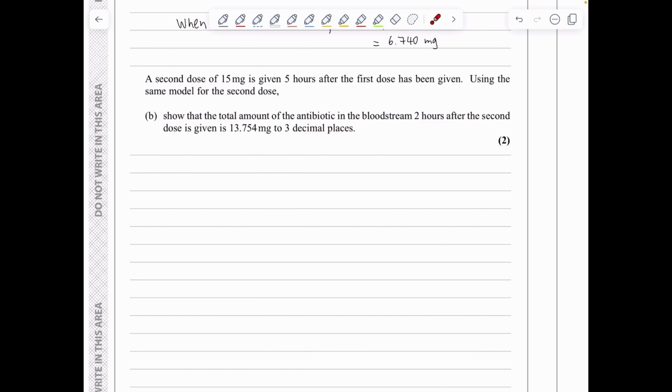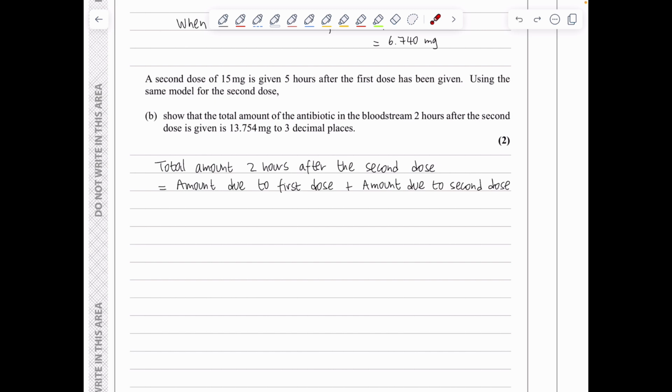Well, we need to realize here that the total amount 2 hours after the second dose is simply the amount due to the first dose and the amount due to the second dose. So 2 hours after the second dose has been given, we've got the initial dose being in the bloodstream for 7 hours. So the amount here is going to be 15e^(-0.2 × 7).